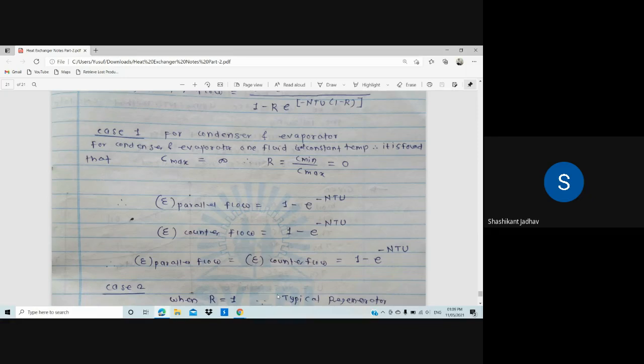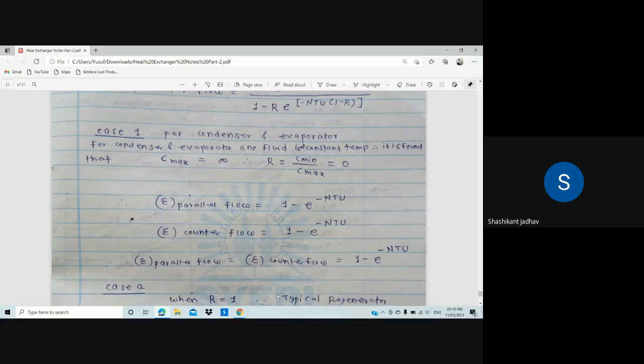For condenser and evaporator, one fluid is at constant temperature, and it is found that Cmax is equal to infinity.